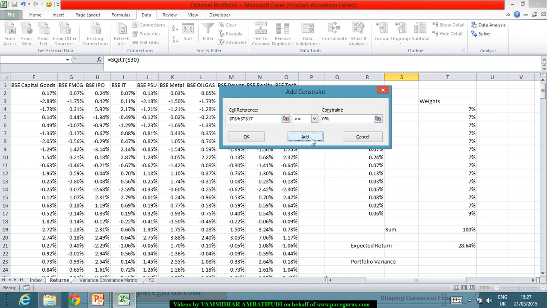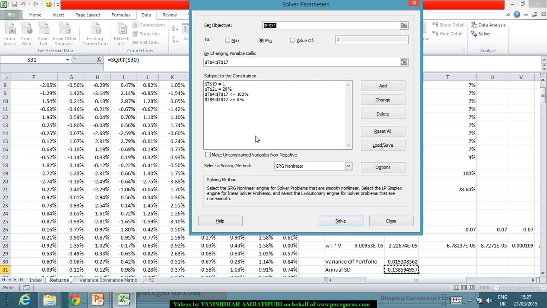At the same time, I'm also setting that the expected return should be equal to 20%. I want a 20% expected return. So these are the constraints I have set, wherein my objective is to come out with the best pattern of all these proportions so that I can make my investment decision accordingly.